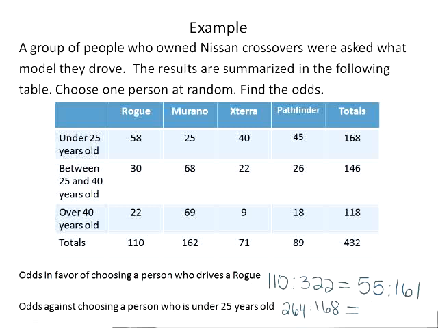Now this does reduce to a comparison of 11 to 7. Now the odds against choosing a person who is under 25 tells us that the 168 people who are under 25 go on the right-hand side of the comparison. The left-hand side of the comparison are the people who are not under 25.